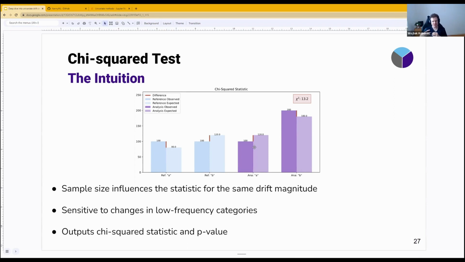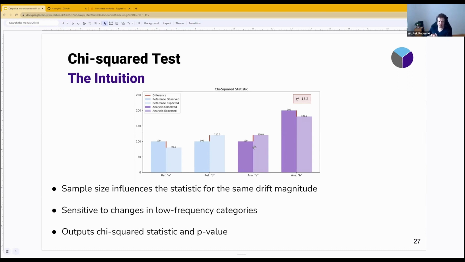And the chi-square statistic will actually increase with the sample size. So if you have a sample size of 100 for one test, and then in your next chunk you have 1,000, your chi-square statistic is actually going to be influenced by the sample size, which potentially can lead to very confusing results or misleading results.